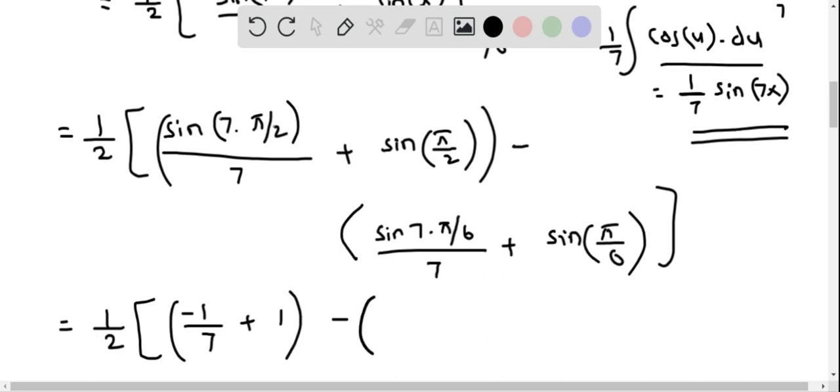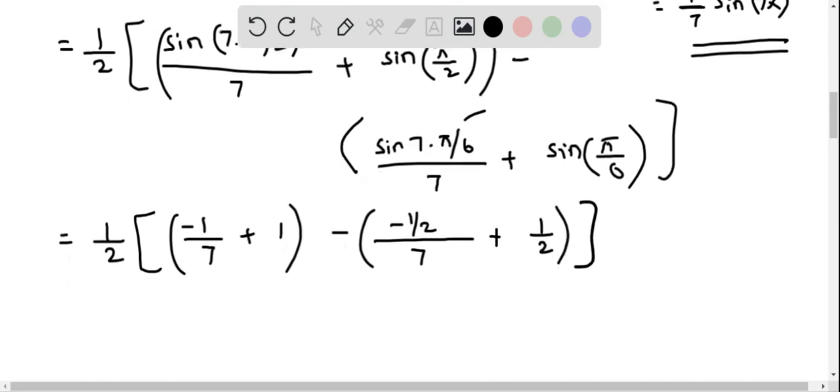minus this one is sine of 7 pi/6, which basically equals negative half. When we rewrite this sine 7 pi/6 as a sum of some reference angle, that is pi/6. So this is divided by 7, plus sine pi/6 is half. Let's evaluate this.